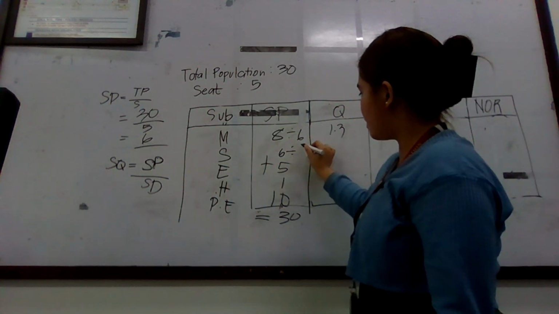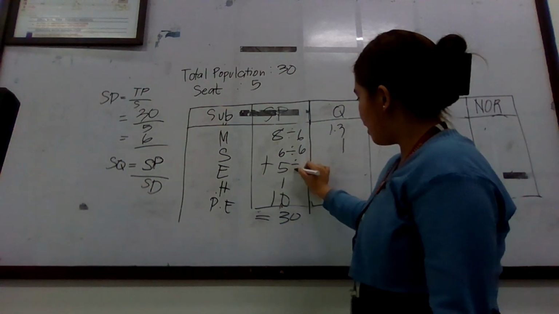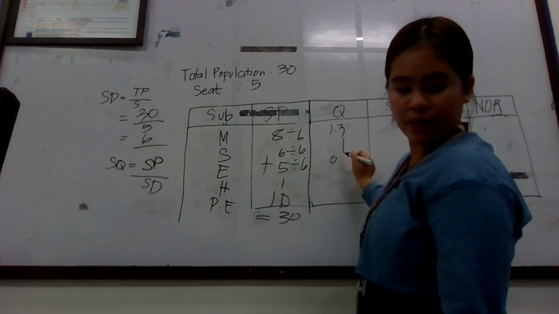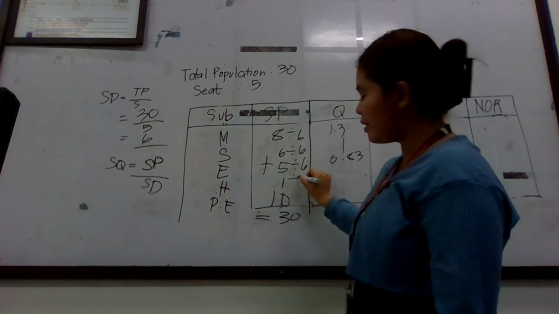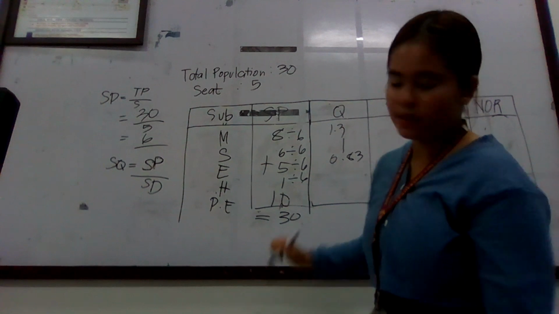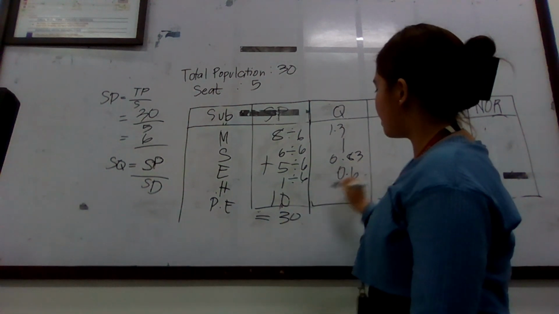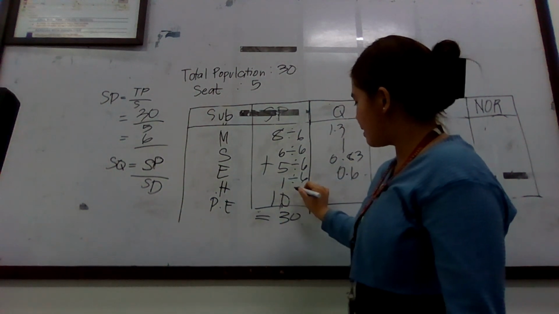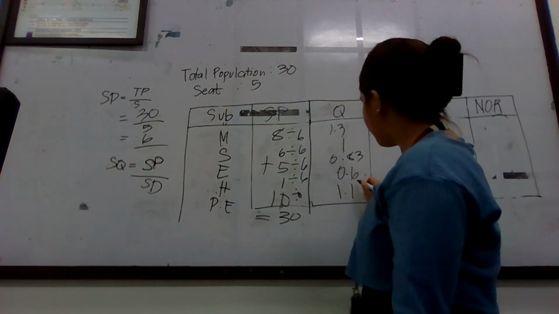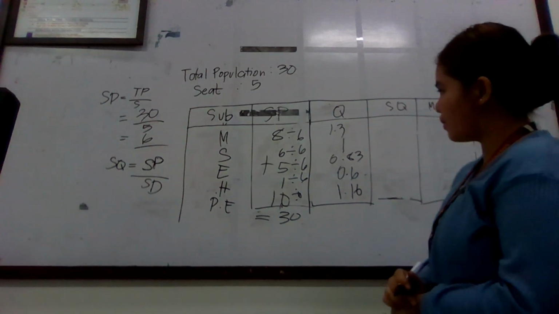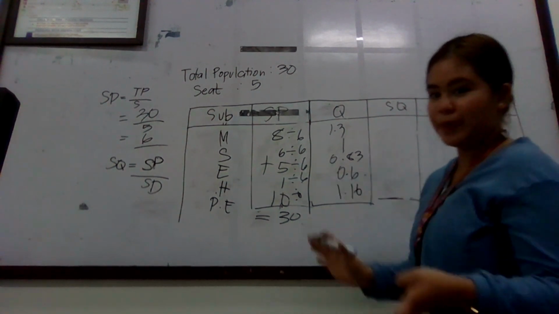So 6 divided by 6 will give us 1. 5 divided by 6 will give us 0.8. 1 divided by 6 will give us 0.16. And lastly, 10 divided by 6 will give us 1.6.